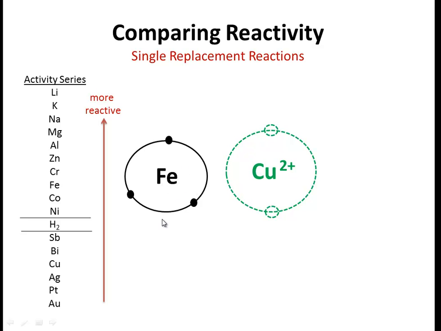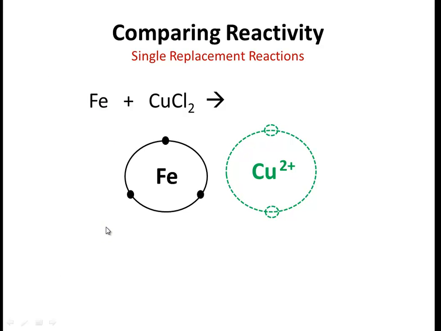Now, let's specifically look at our two players, iron and copper. Where are they in the ranking, and what's their relative position? You can see that iron is higher up on the list, which means it is more reactive, which means that it is more willing to give up its electrons than copper, and therefore copper is going to win the battle of the electrons here. So let's recap.